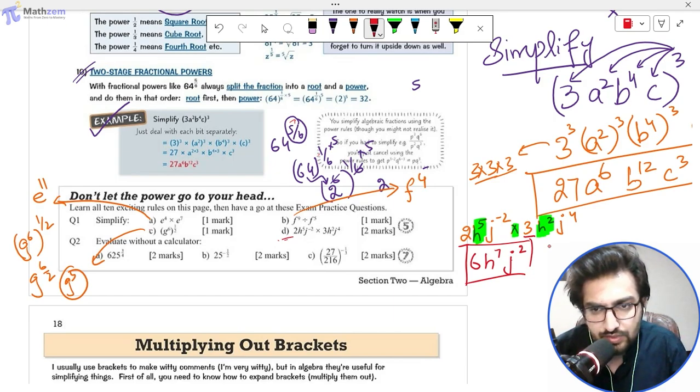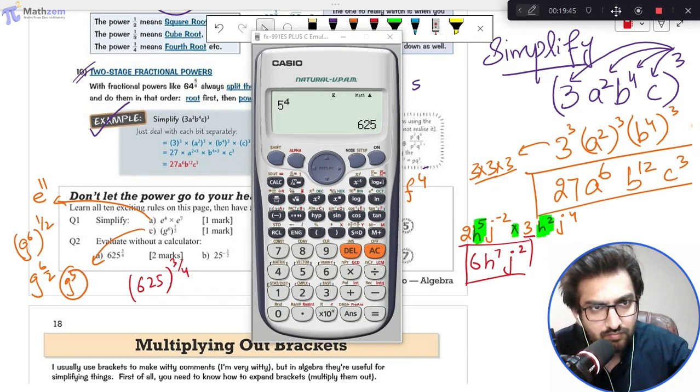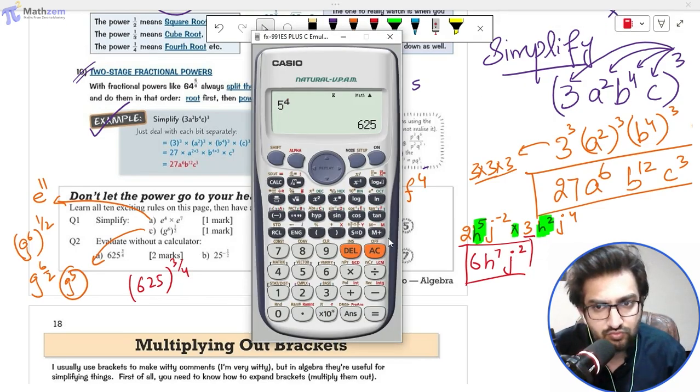Okay, what you need to do: 625 to the power 3 by 4, you need to replace 625 by a number with a power of 4, so that the 4 and 4 cancel out. You can see in the calculator that 5 to the power 4 is 625, so I can replace 625 by 5 to the power 4.